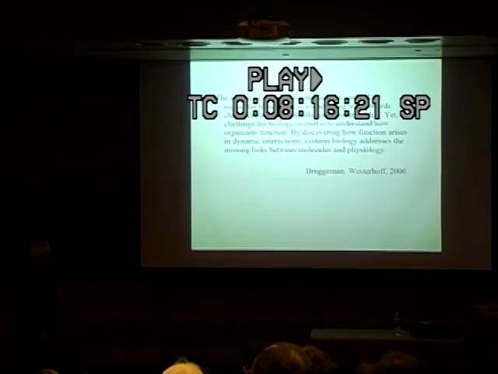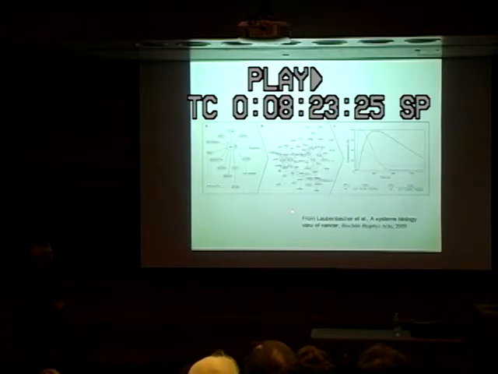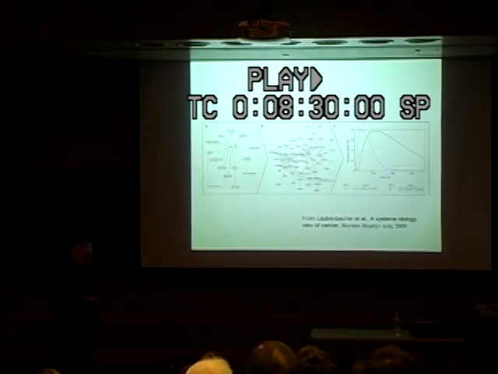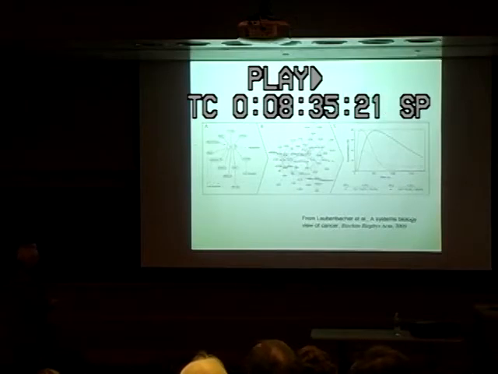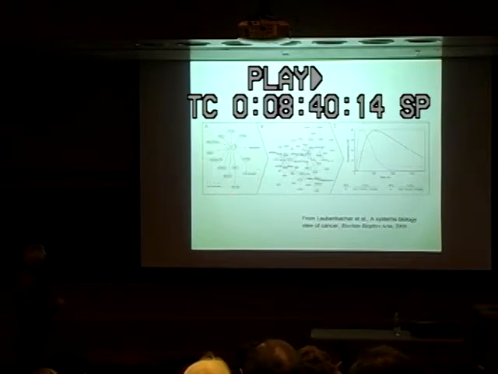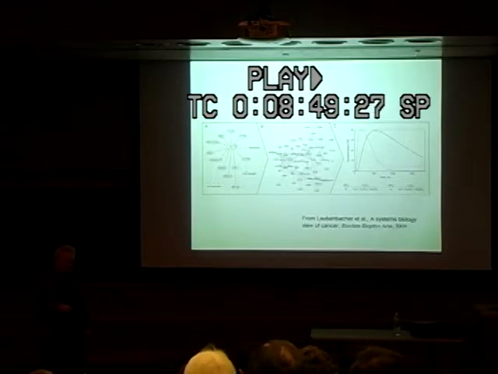And let me just show you an image from a review paper we wrote a little while ago that illustrates this. What you have here on the left side is the kind of diagram you find in many molecular biology papers. It's maybe a phenomenological kind of network. This is about the action of AKT. It's an interesting kinase that plays a big role in various phenomena having to do with cancer.